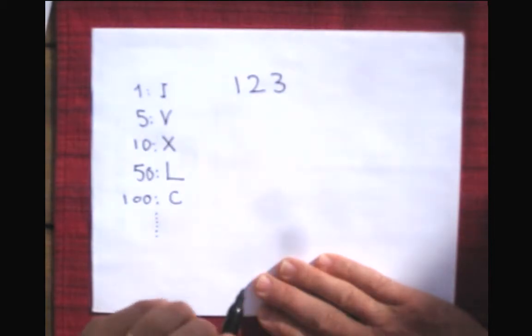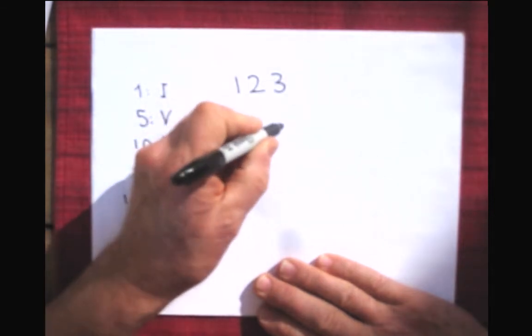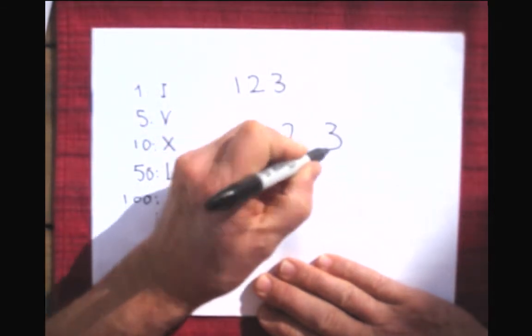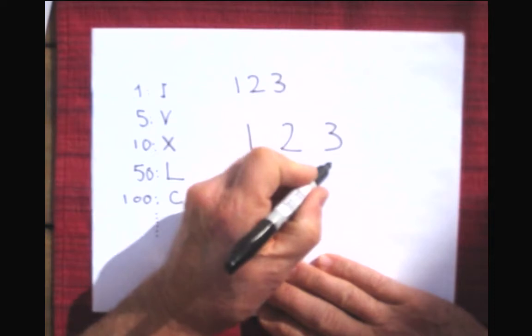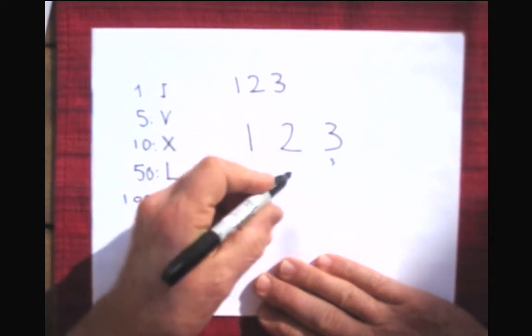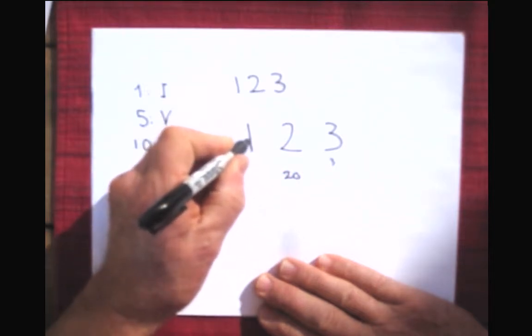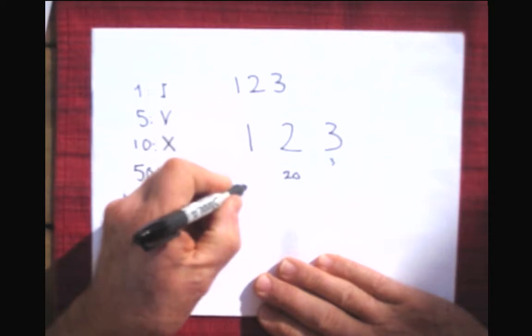And he said, no, that's not how it works. This is how it works. 1, 2, 3. This 3 stands for 3, but this 2 doesn't stand just for 2. It stands for 20. And this is not just a 1. It stands for 100.